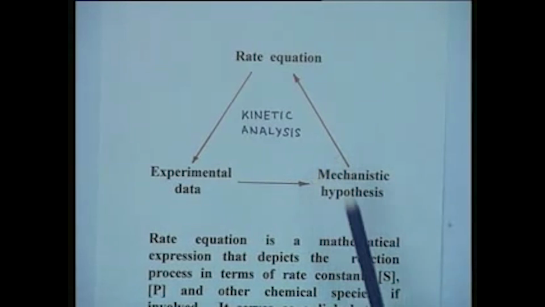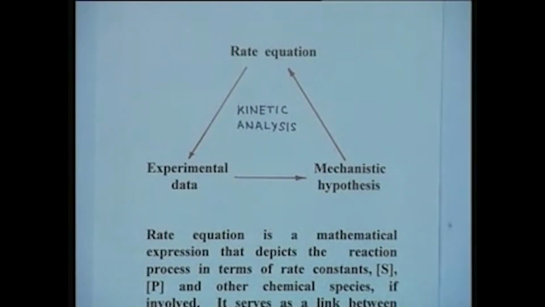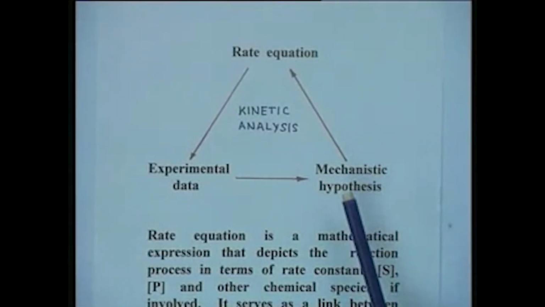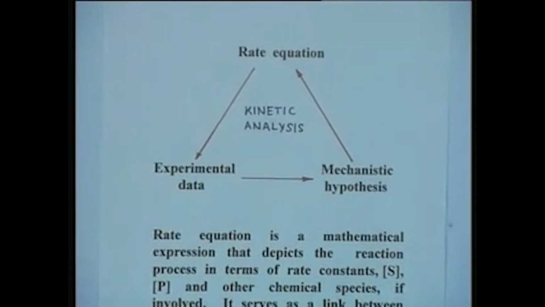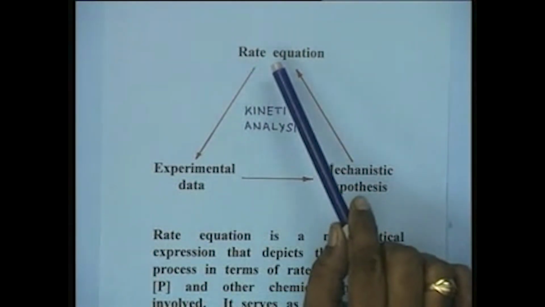In simplistic terms, it is the sequence of reaction steps involved in converting substrate into product, and based on this mechanistic hypothesis we arrive, using mathematical analysis, at a rate equation.